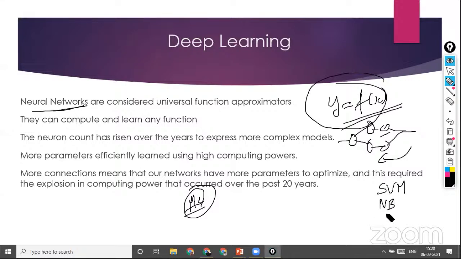There it's based on probability, and here we have linear algebra, calculus, and all. So we don't have much mathematical background corresponding to these deep learning algorithms, but that doesn't mean we don't have any kind of mathematical calculation. Anyway, we have to compute gradients and all when you do the backpropagation.